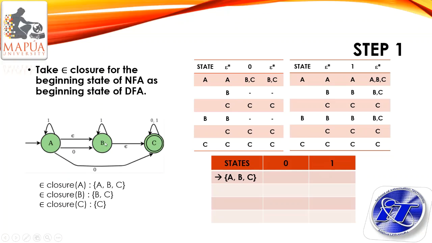The closure of B is BC and the closure of C is C, so BC union C is just C.